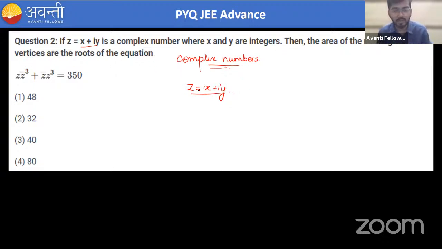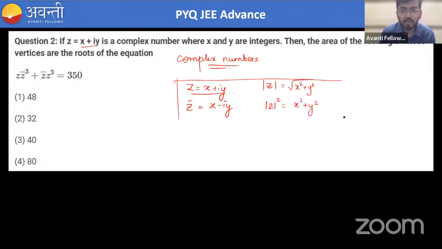roots of the equation. So if z is x plus iy, then z conjugate will be equal to x minus iy, and mod of z will be equal to under root of x square plus y square, and mod of z square will be equal to x square plus y square.